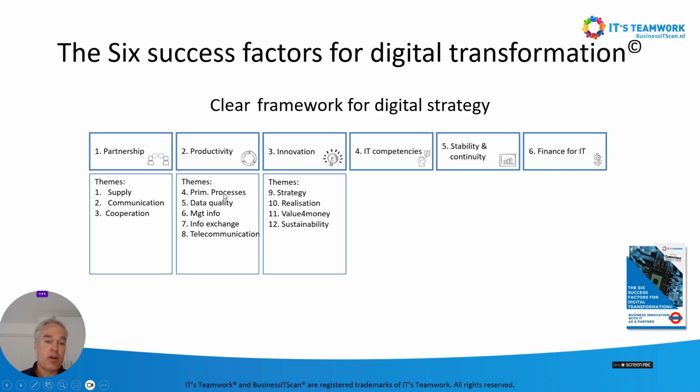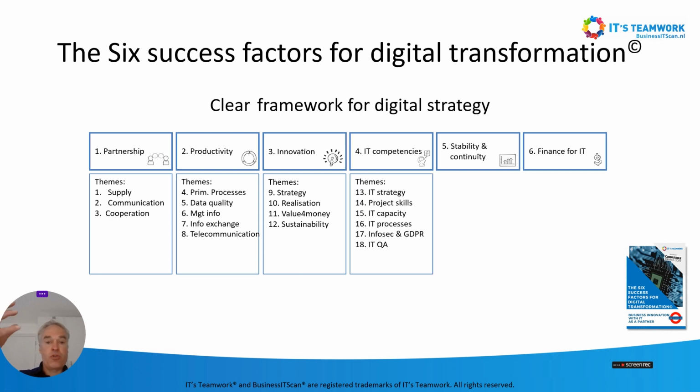If primary processes are in place, and if data quality is assured, then this will lead to robust management information. The same goes for the 3 last success factors. If an organizational strategy for innovation is in place, this is the basis for an IT strategy, which can be delivered against with the proper project skills.